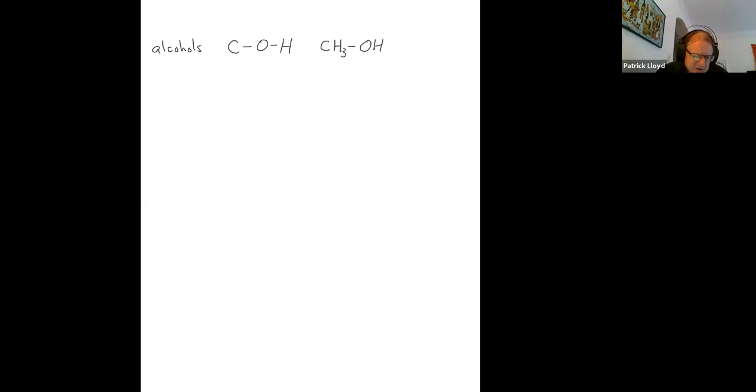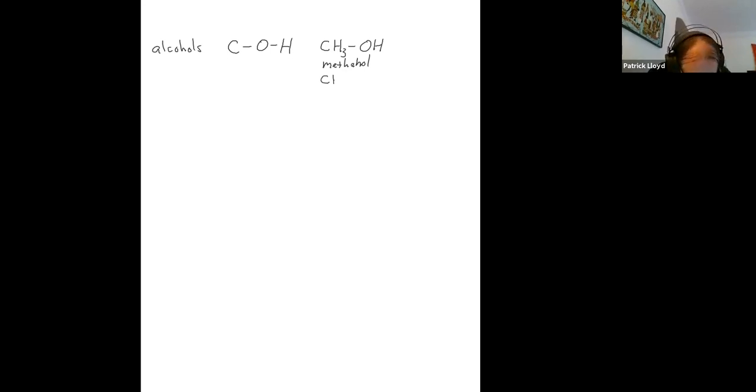Sometimes it's written this way. This is called methanol. And you have to be careful because we write things in different ways in chemistry. That can be a little bit frustrating, okay? If you see a carbon in the formula, and then you see OH, that tells you it's an alcohol, okay?